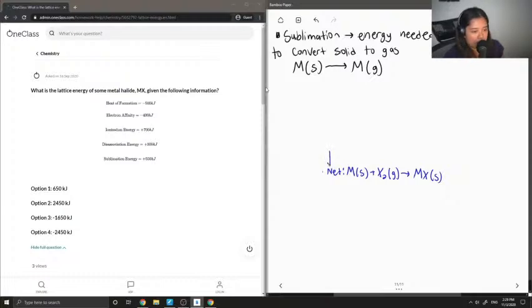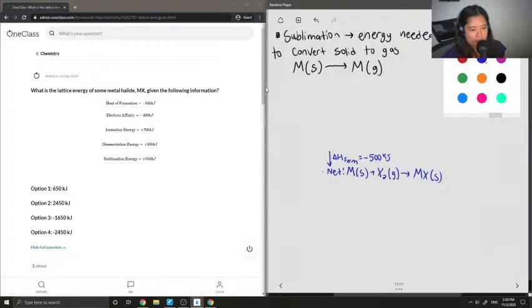The energy that it took to get to that net equation is called the delta H of formation, which was equal to negative 500 kilojoules. So that's why I had an arrow going down.